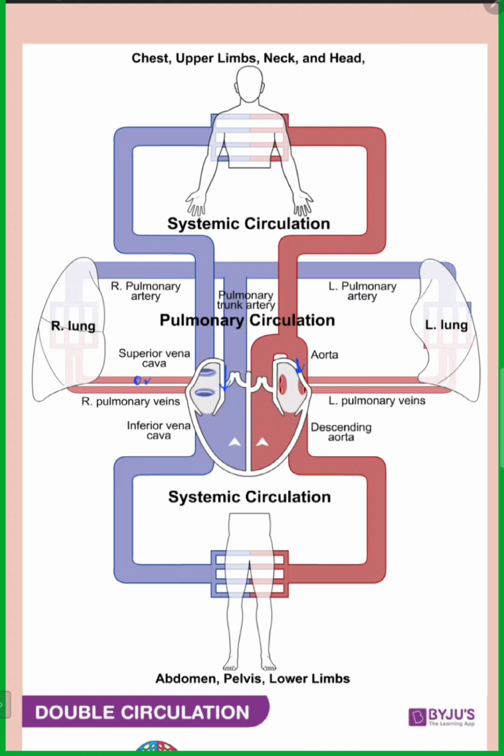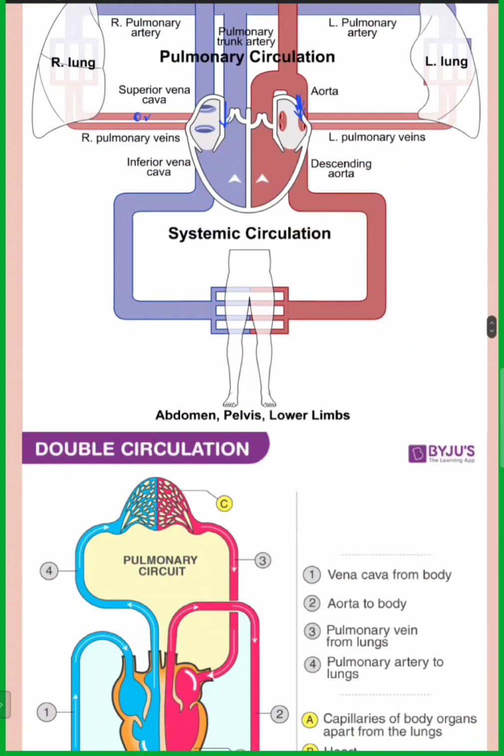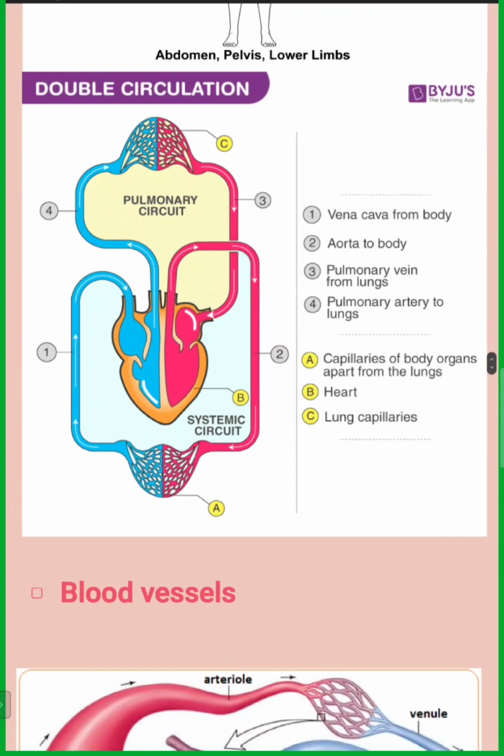Now you can see this oxygen or glucose molecule passes throughout the body one time, and when it passes throughout the body one time, it enters into the heart twice. This figure also represents the double circulation.